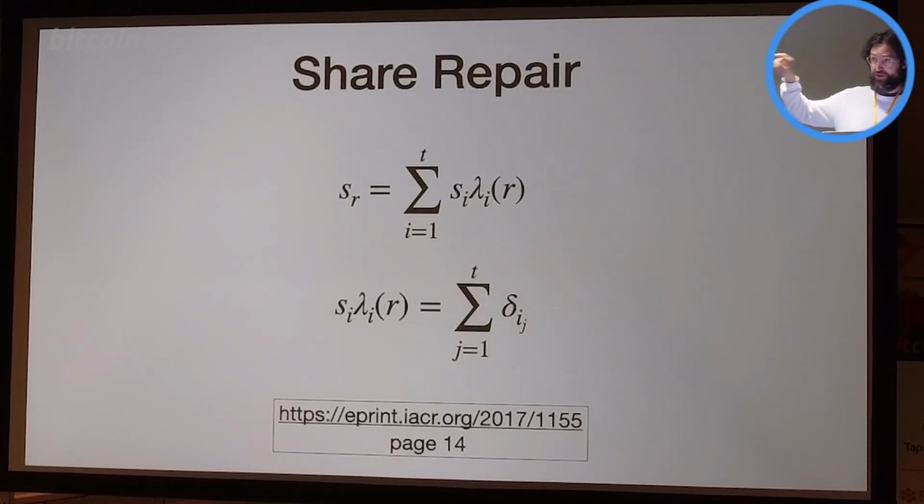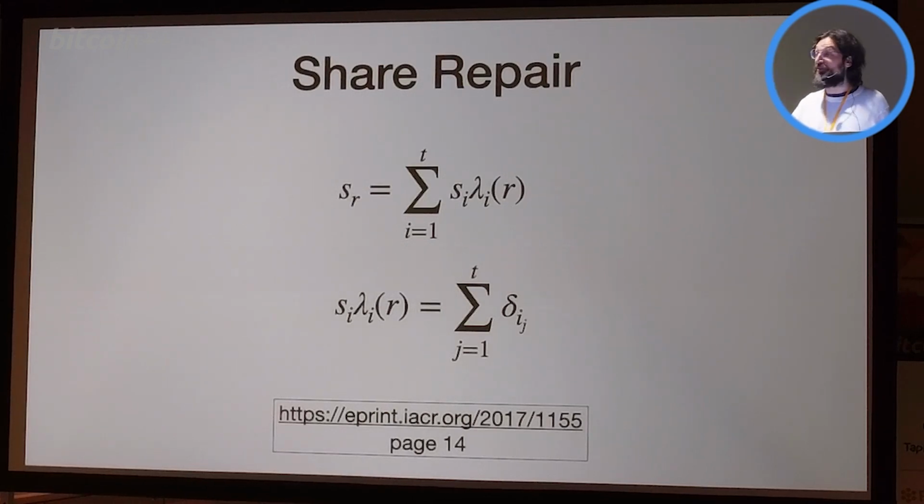If we define Carol's X value, her index, as R, the index of the share we're trying to repair, her share can be computed as the sum of a threshold of shares times the Lagrange coefficients evaluated at Carol's index R. Well, before we were evaluating the Lagrange coefficient at 0 because we're trying to get back to the secret.